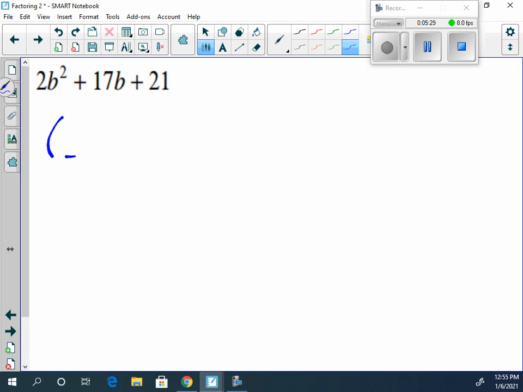So we'll have two sets of parentheses with three spaces. Two sets of parentheses with three spaces is our starting point. The next thing we need to find is the what? The sign that goes into the two sets of parentheses.